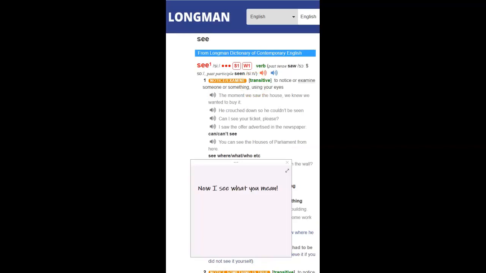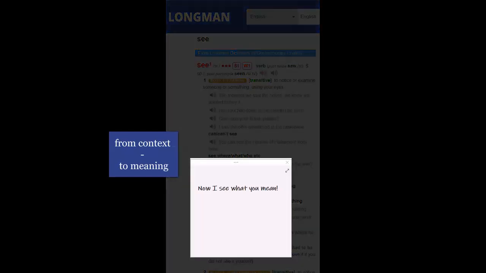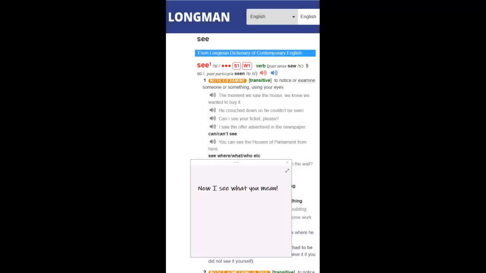But unless it's the word of the day that you're checking, usually you start with the context and then you look up the word that you don't understand in context. And let's say that the sentence that you are not sure about is, now I see what you mean. So here the word see is the one we want to check.